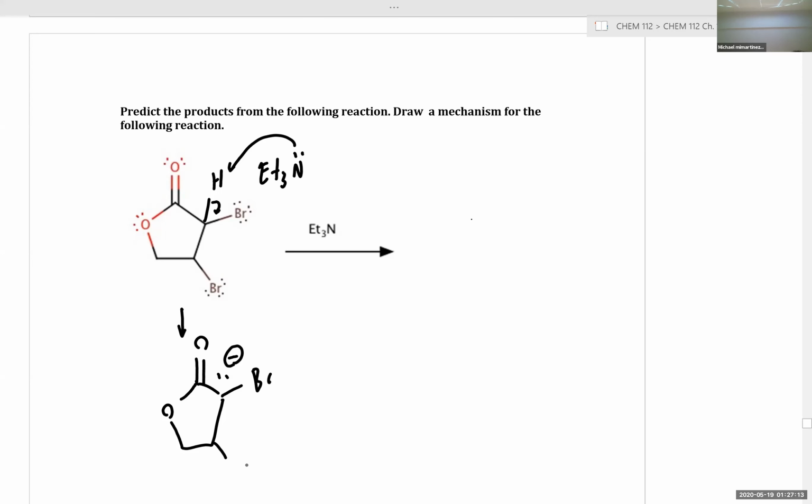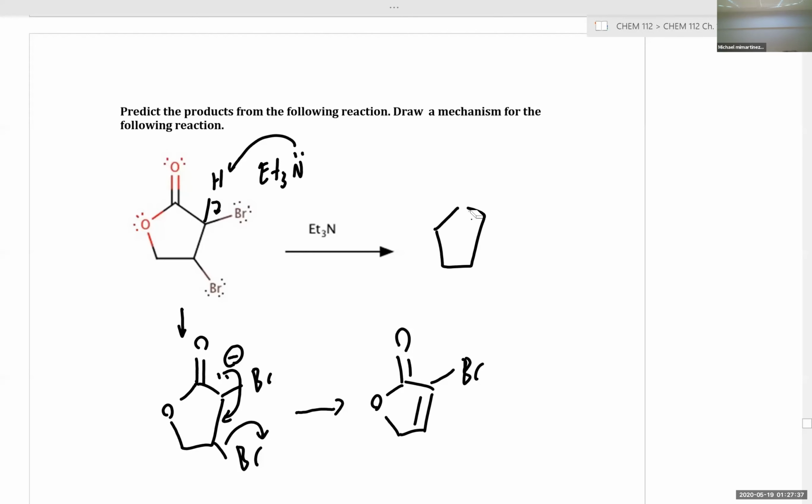Also stabilized by the fact we have an electron withdrawing bromine group. Next, our lone pair kicks down and we eliminate our leaving group to generate this vinyl bromide. Here we go. So here's our final product, and we've even drawn a mechanism for this reaction.